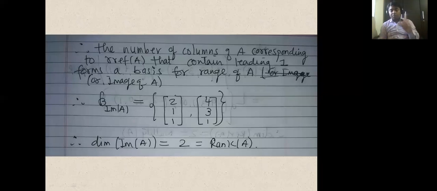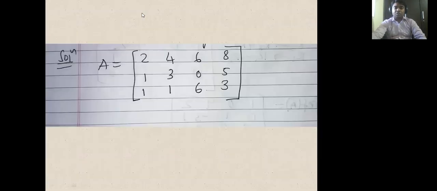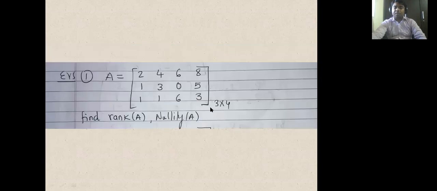One thing we should keep in mind is that nullity means we are computing the kernel. Kernel is part of the domain, and rank is part of the codomain. If you see the original matrix they gave, the order of the matrix is 3 cross 4.